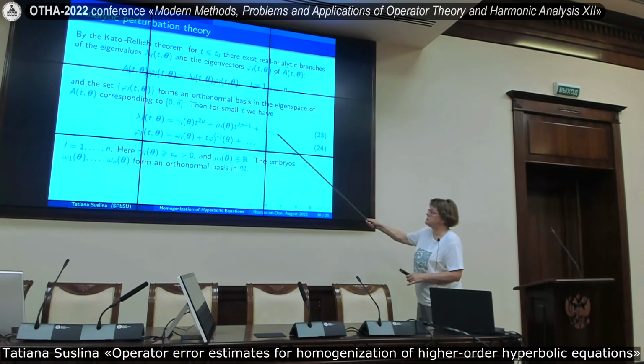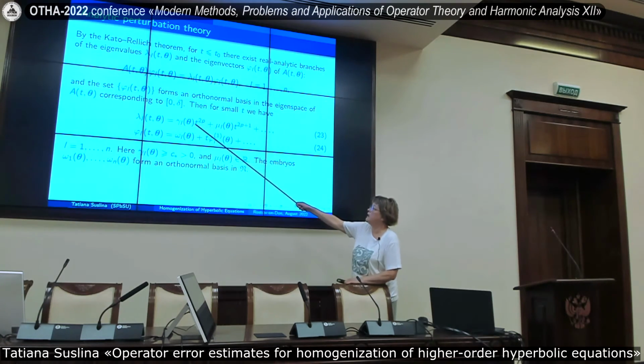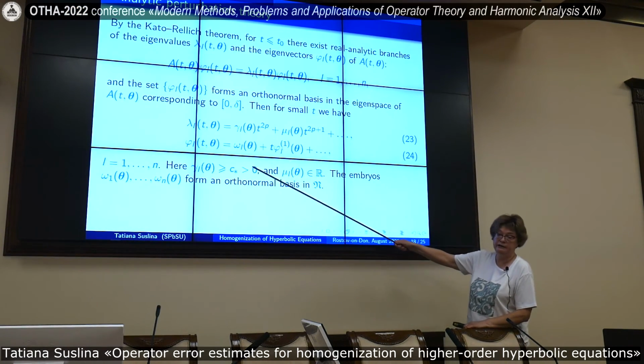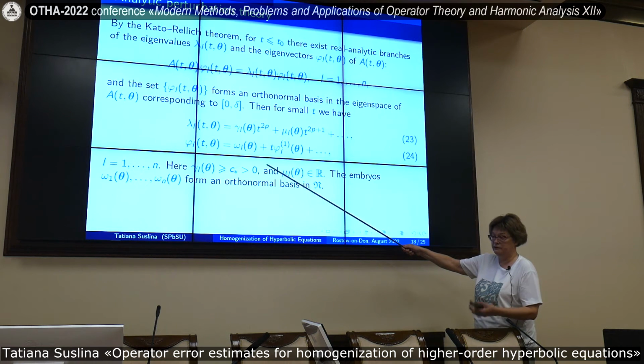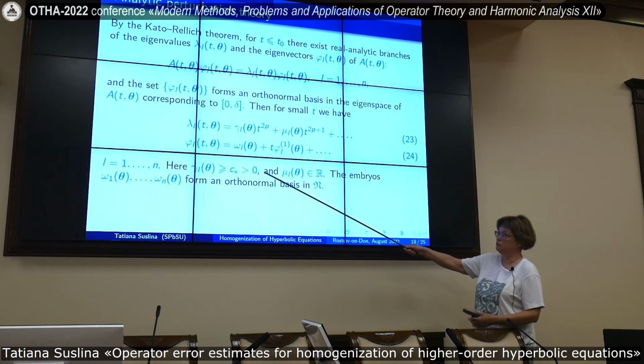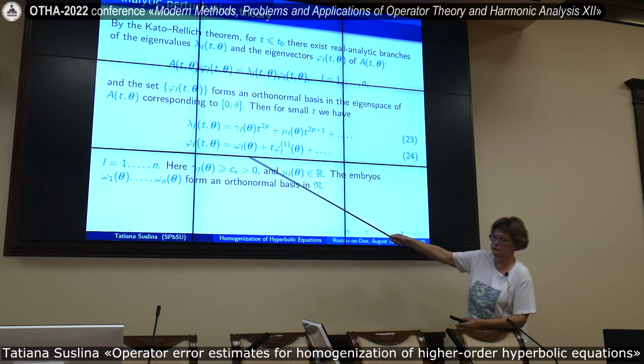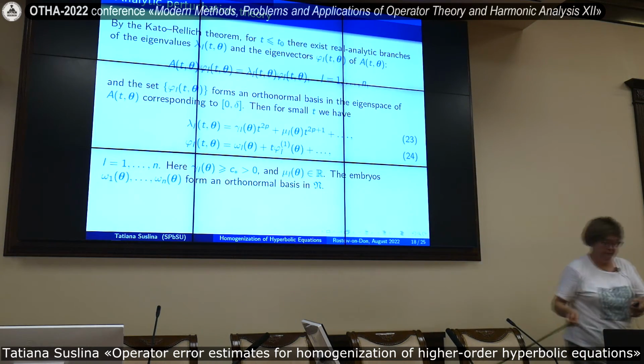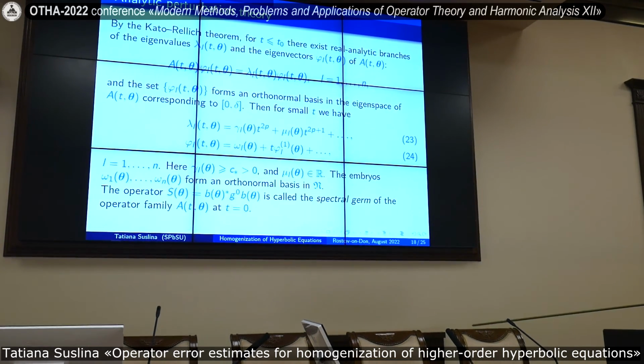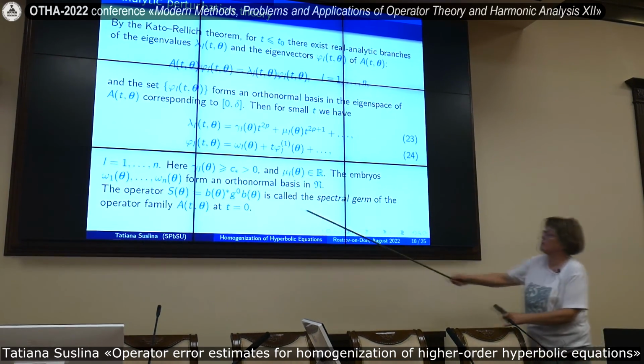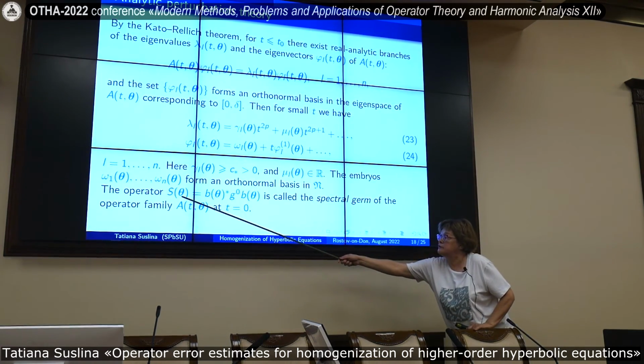And these coefficients are very important. They are called threshold characteristics of our operator family at the bottom of the spectrum: the coefficients gamma_l and the vectors omega_l. We consider S of theta.